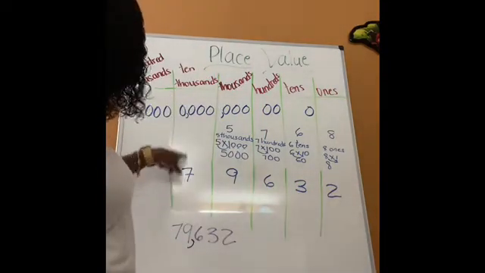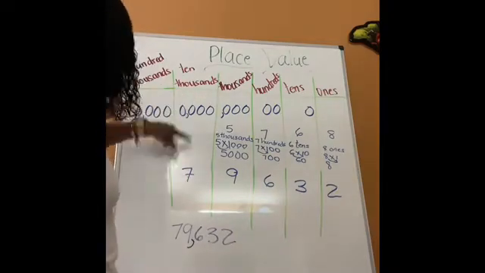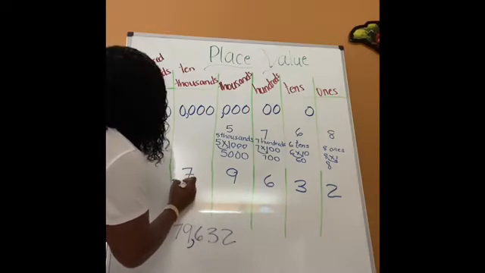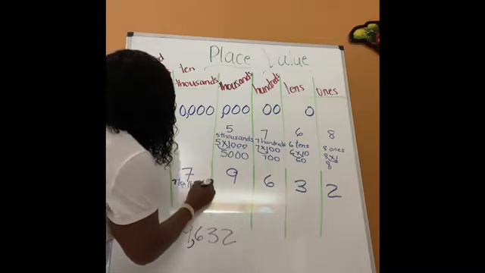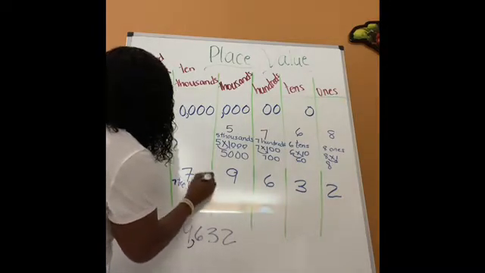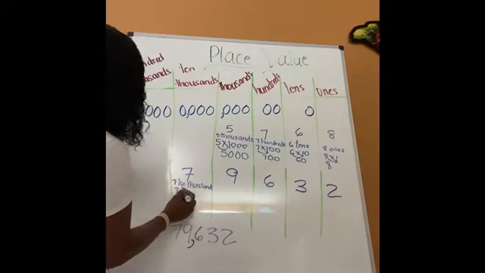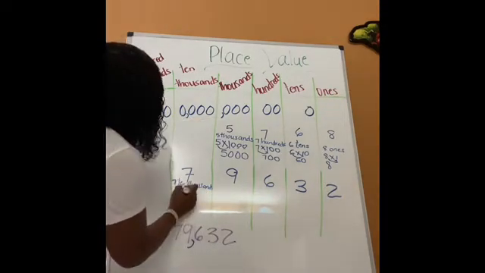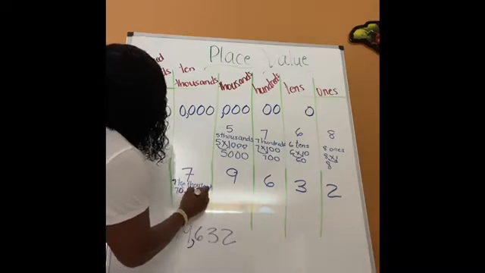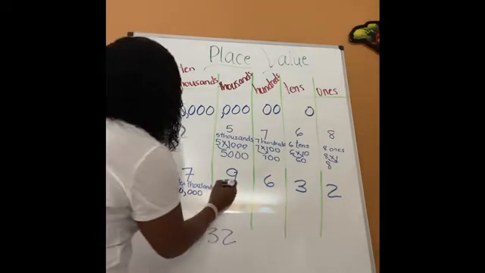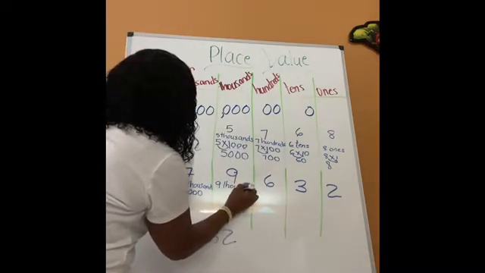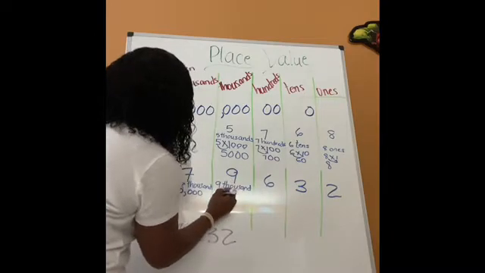What is the value of the 7? It is 7 10,000s. So 7 times, let me write that in words. 7 10,000s, or 7 times 10,000.